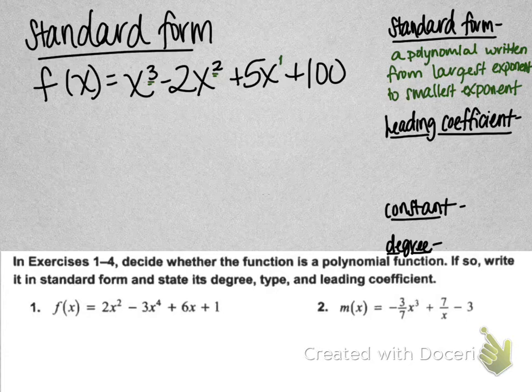The next vocabulary word that we need to make sure that we understand is the leading coefficient. Now, it's different than a normal coefficient. A normal coefficient is just going to be a number in front of a variable. In this particular case, we have a positive 1 or a negative 2 or a 5.